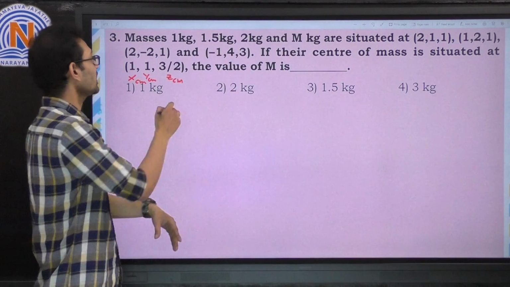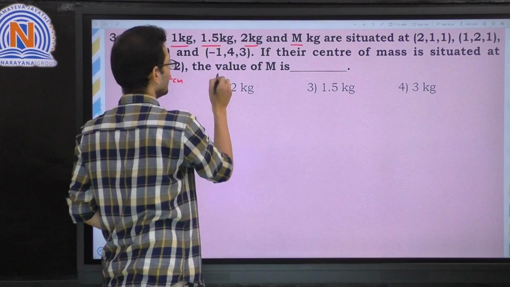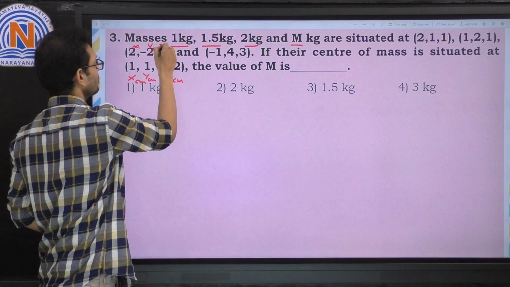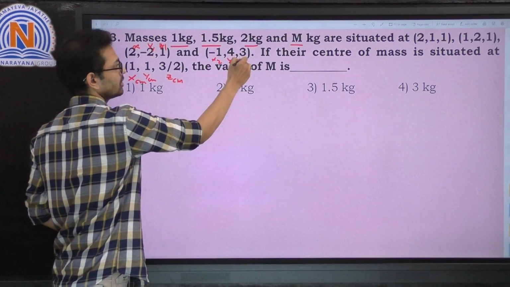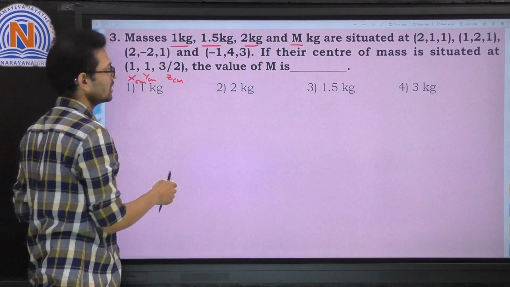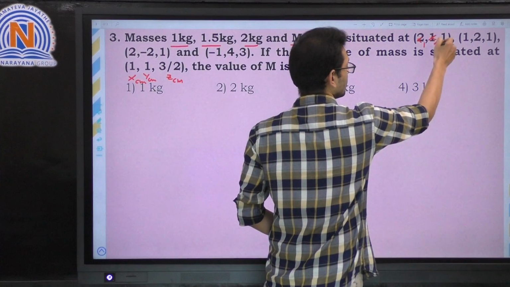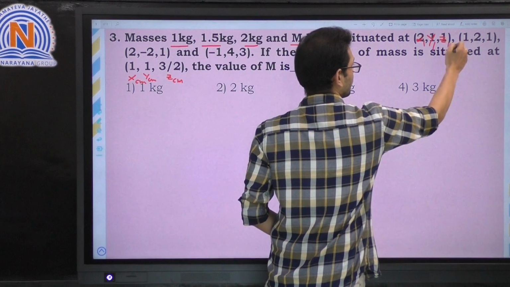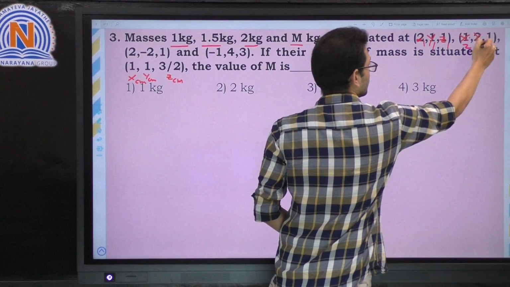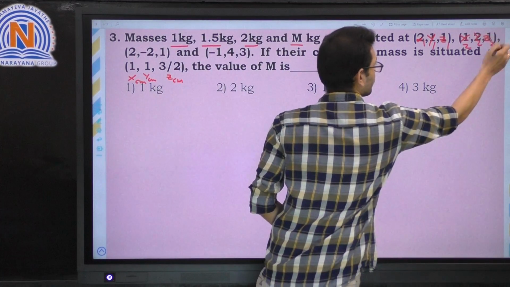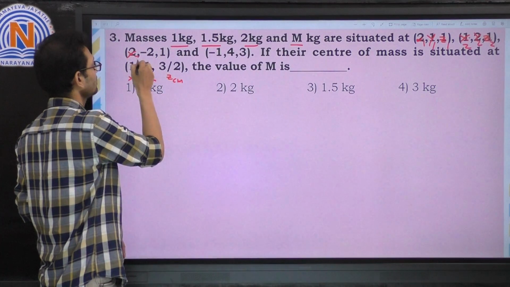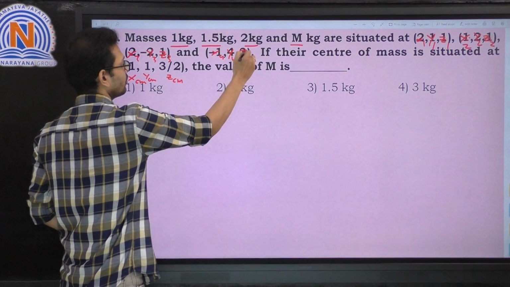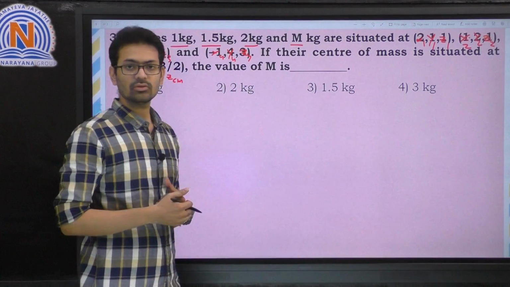They also gave you the masses m1, m2, m3 and m4, and the locations x1, y1, z1, x2, y2, z2, x3, y3, z3, x4, y4, z4. They have given you the coordinates.